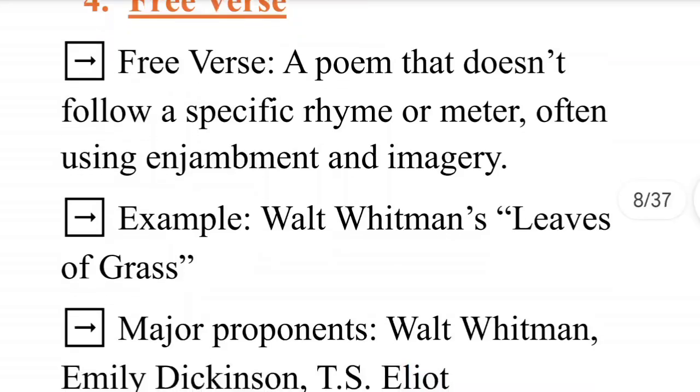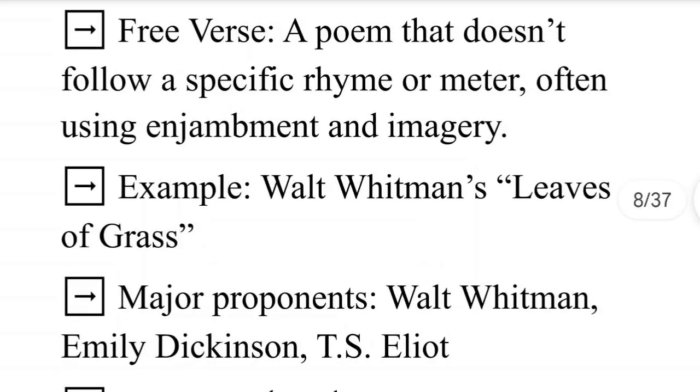When it comes to major proponents, Walt Whitman, Emily Dickinson, and T.S. Eliot. Yes, free verse is a form of poetry which is popular among the poets of American literature, especially the poets related to America. So Walt Whitman, Emily Dickinson, T.S. Eliot are the major proponents of this form of poetry, that is free verse.